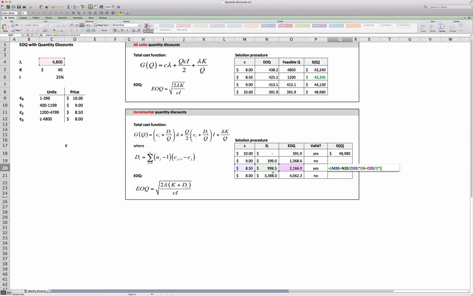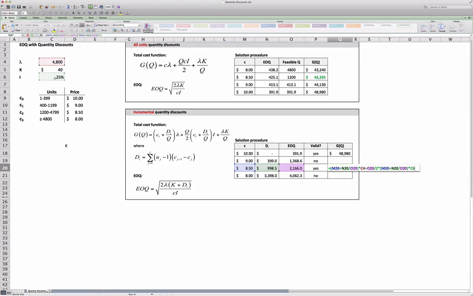And I will add to that the inventory holding cost calculated as Q divided by 2 times the relevant unit costs, plus my extra costs because we have an incremental quantity discount.